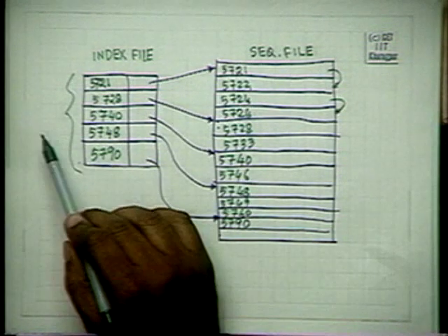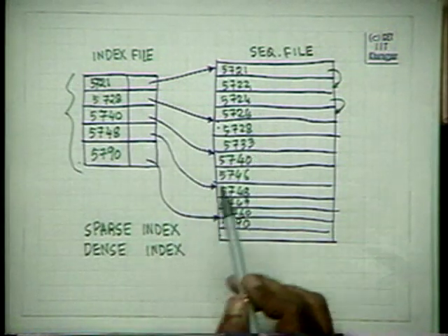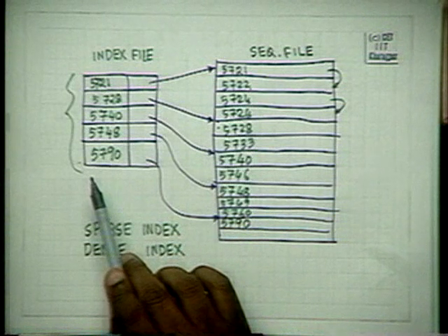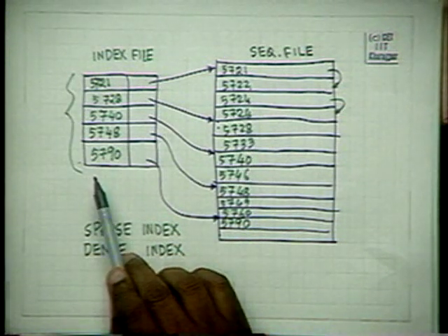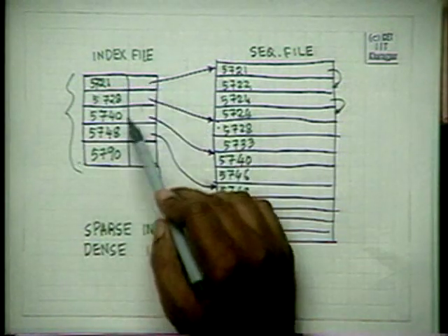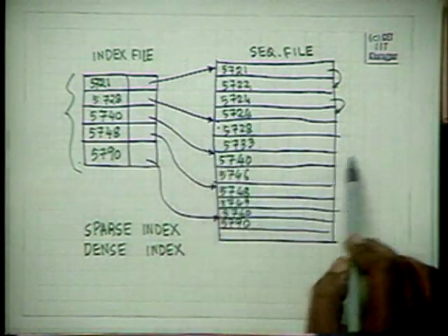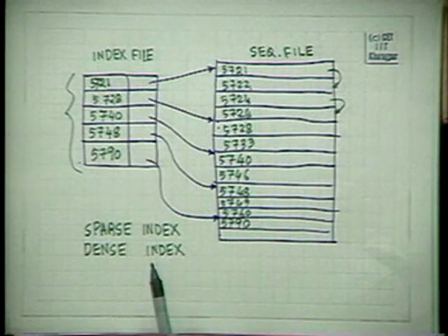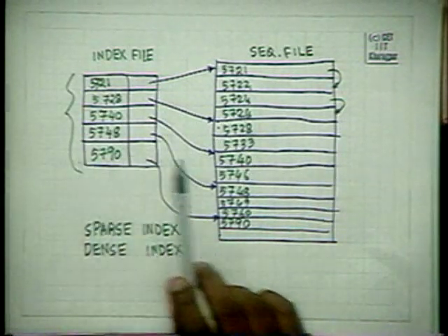So, in order to improve our access, we have put in another file, which is called the index file, and we will first search this file, get the appropriate pointer and then search the sequential file. That is why it is called an indexed sequential file.